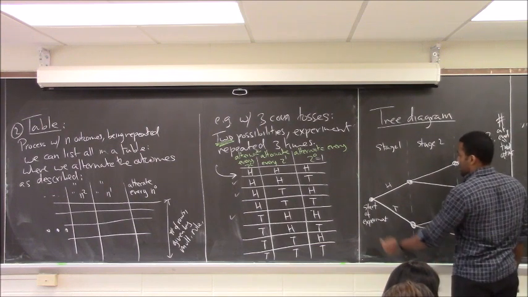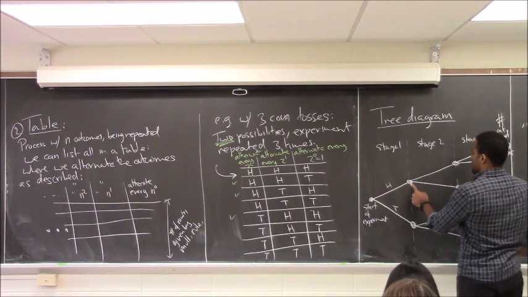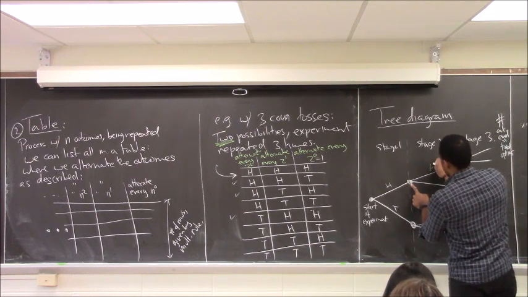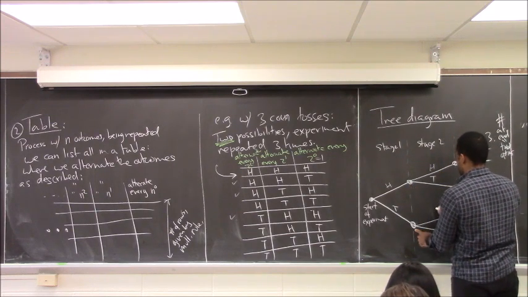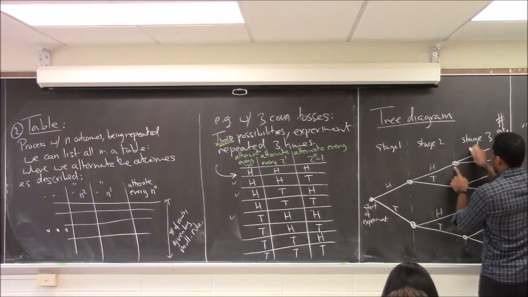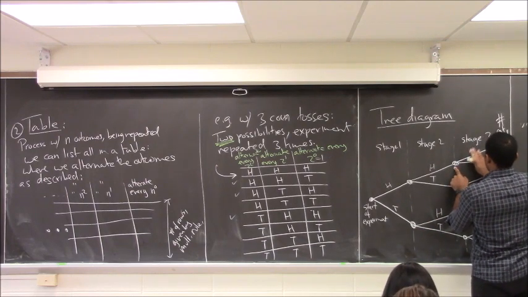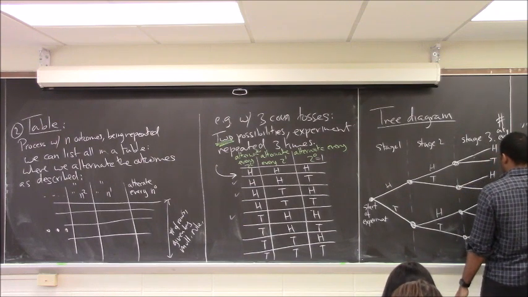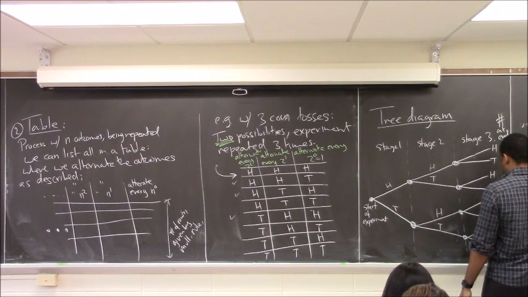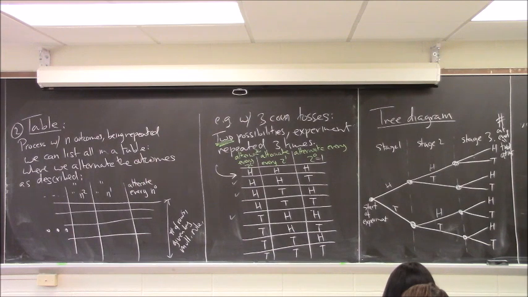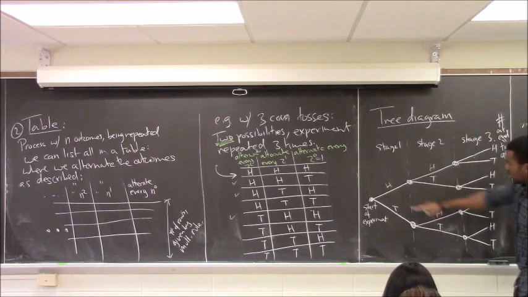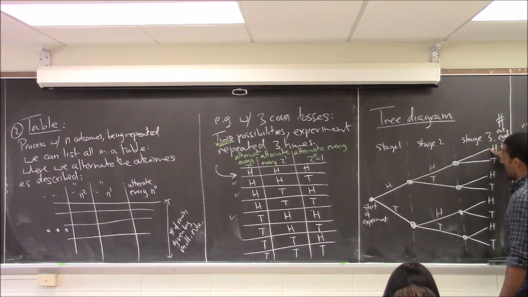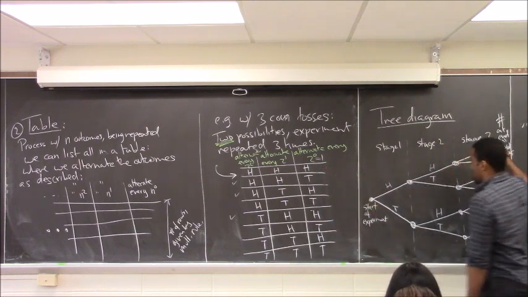So in the first stage, I can get heads or tails. In the second stage, if I got a heads, I could get a heads or tails after that. Here, I'd be able to get a heads or tails. Here, too. Heads, tails, heads, tails, heads, tails. So each arm represents one possibility. Like this one, H, H, H, if you run along this arm, that's the possibility identified by the first row.